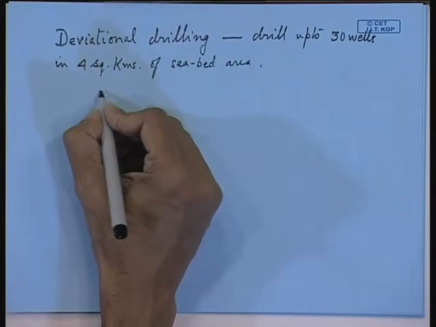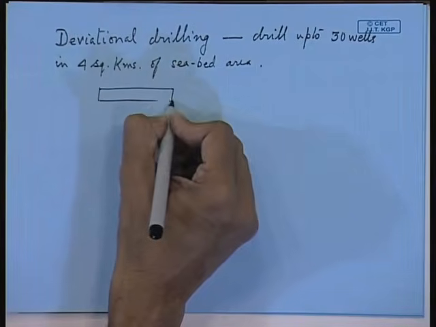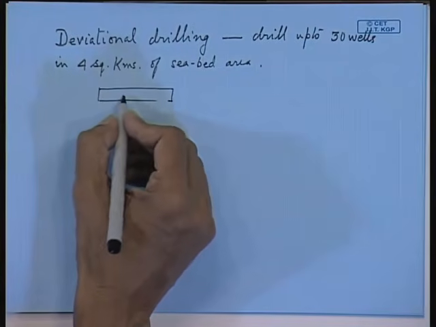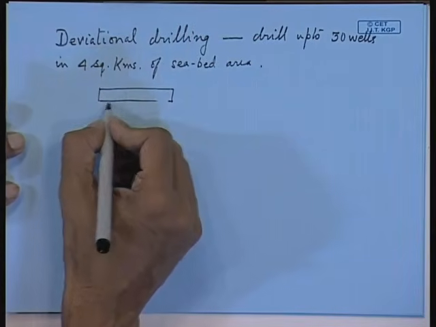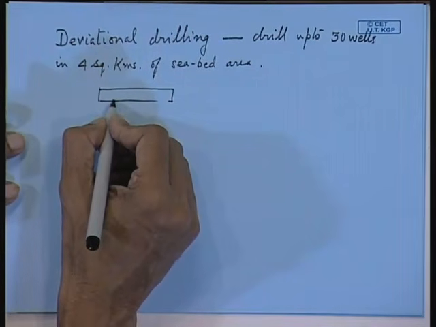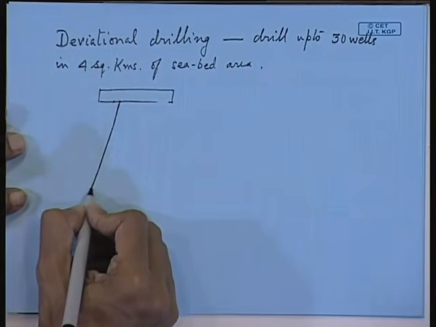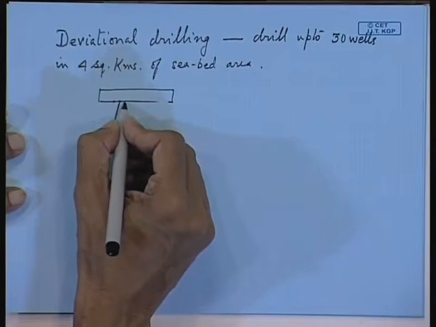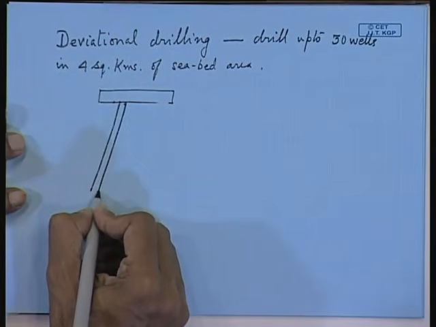So, here you have the jacket platform and you are drilling. That means your drill string or drill pipe is not vertical. I am just giving an exaggerated view. This is one drill pipe going in this slanted way.